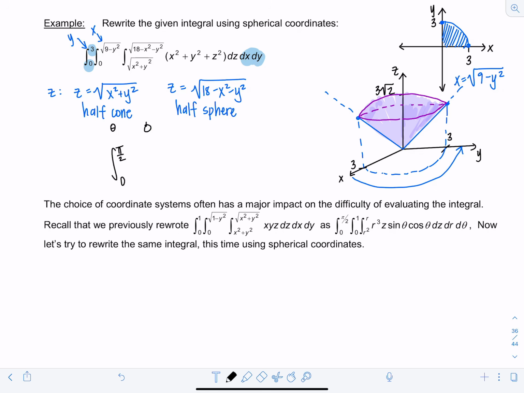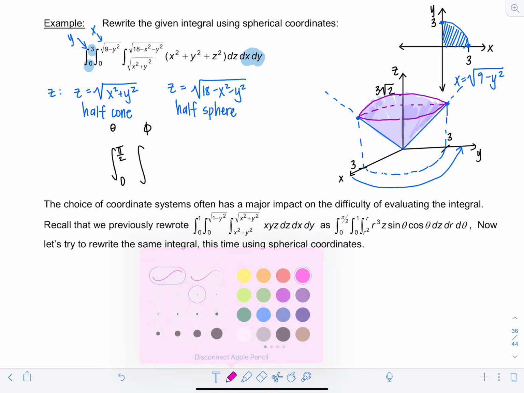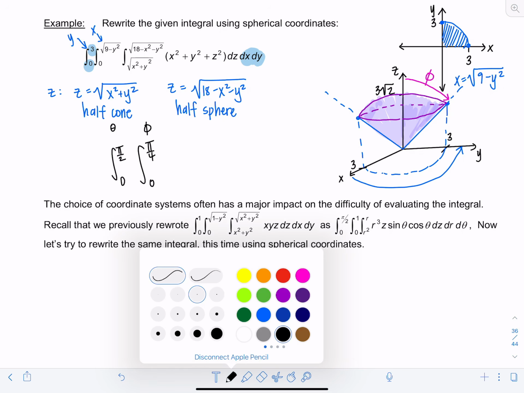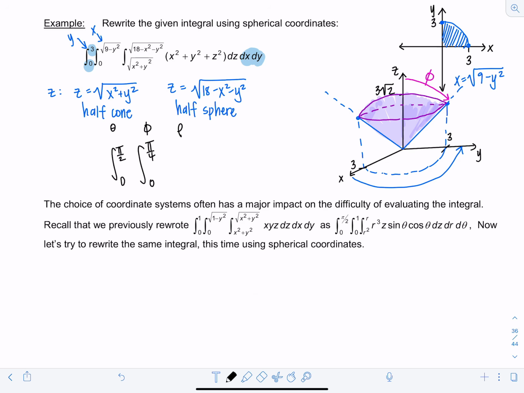Now what about phi? Well, phi is going to start at 0 and end at pi over 4. That's phi. Phi is going to go from 0 to pi over 4. And then last but not least is rho. Okay, you could draw your little ray if it helps.